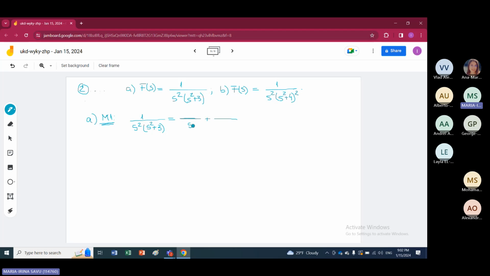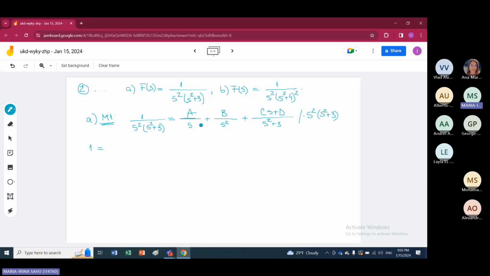One with s squared, s squared plus 3 here. Okay, and here you have a constant, here you have another constant, and here you have c times s plus d. And you find a, b, c, and d, so you multiply with s squared times s squared plus 3.